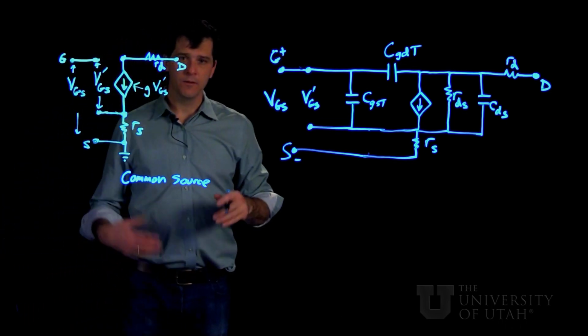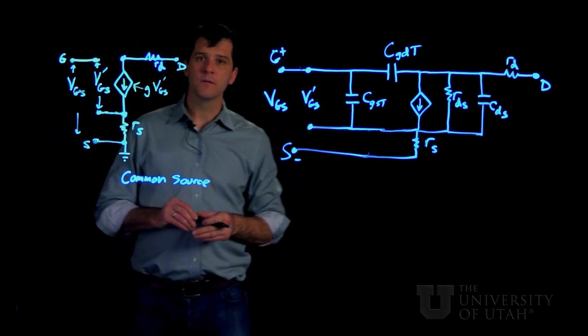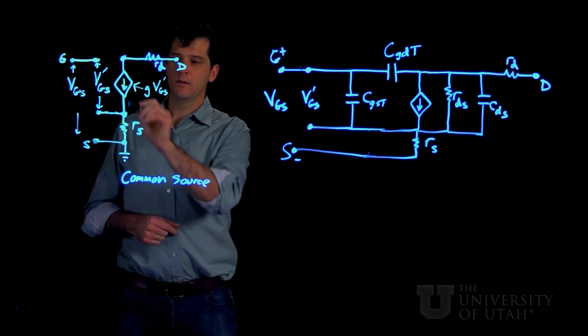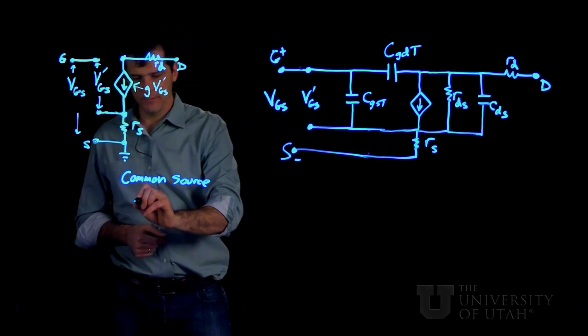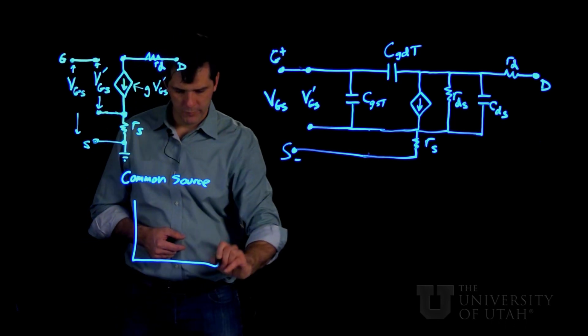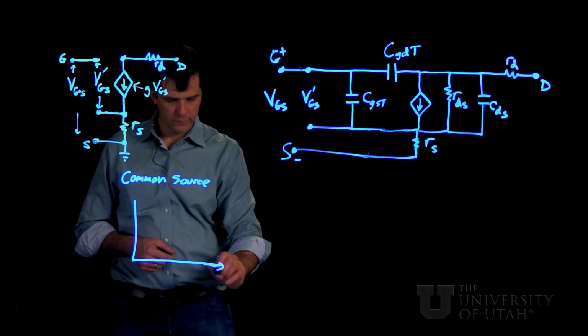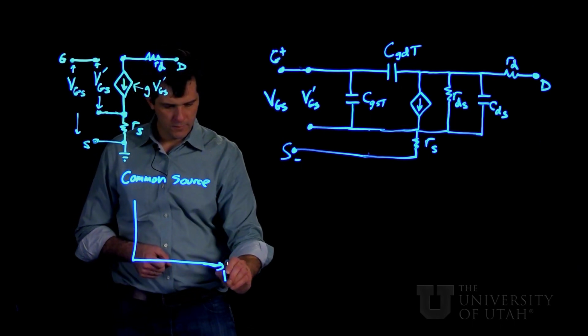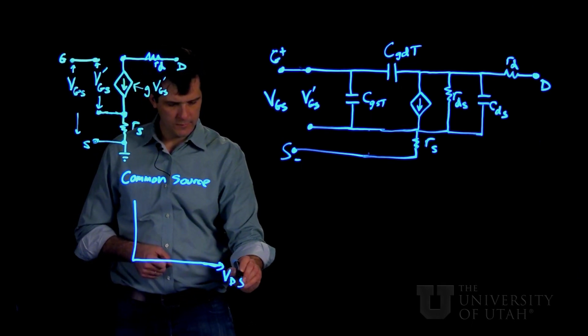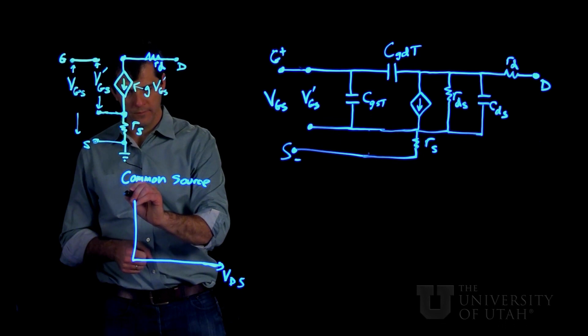So the physical action of the presence of a source drain resistance is going to be to sort of rescale the voltage axis, the drain source voltage axis.